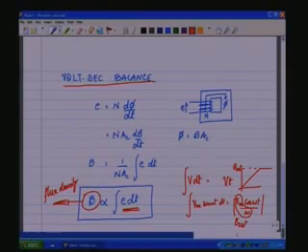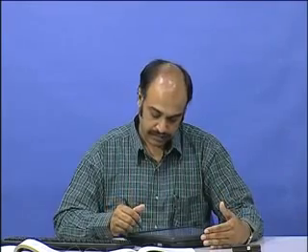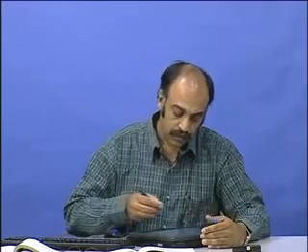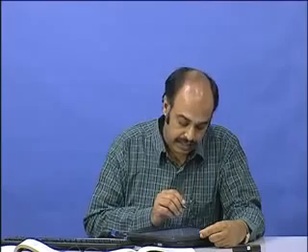In such a case, the core will not saturate and it will retain its magnetic properties. This is the volt second balance which one needs to be conscious about while designing.